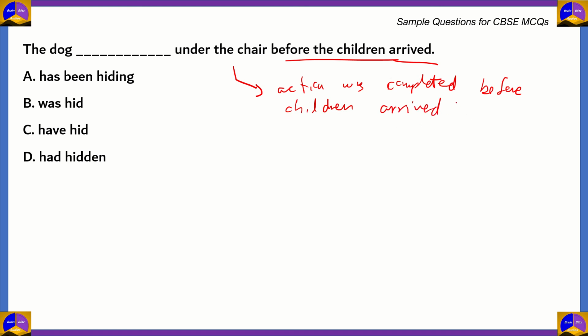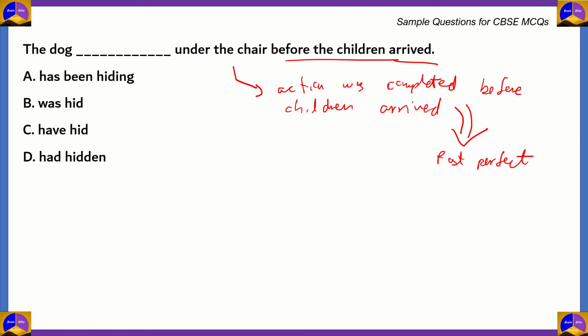So this kind of an action has to be represented by the past perfect tense. Something has happened in the past at a particular point of time, and that happened before another action happened. So therefore, the previous action would be written in the past perfect tense.